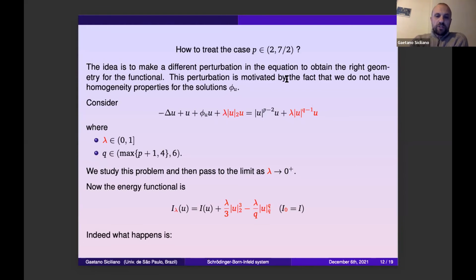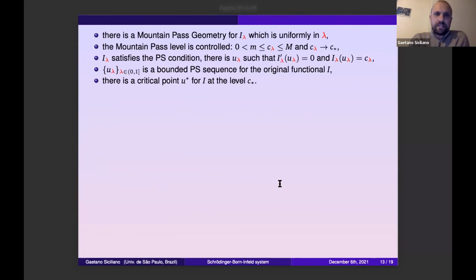In fact, now the functional is the old functional plus some red part. Of course, when lambda is 0, we have our functional. And everything works because we have uniform estimates with respect to lambda. So we have a mountain pass geometry, uniform in lambda.